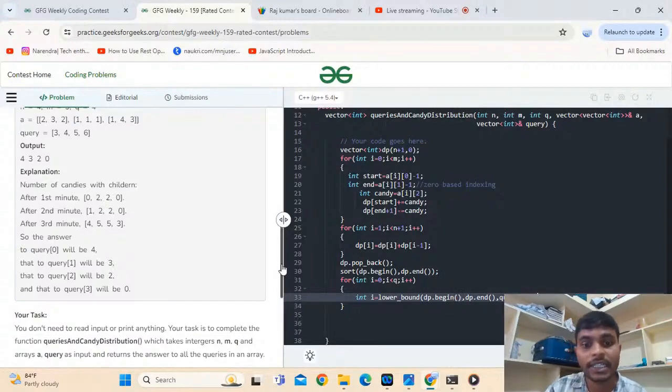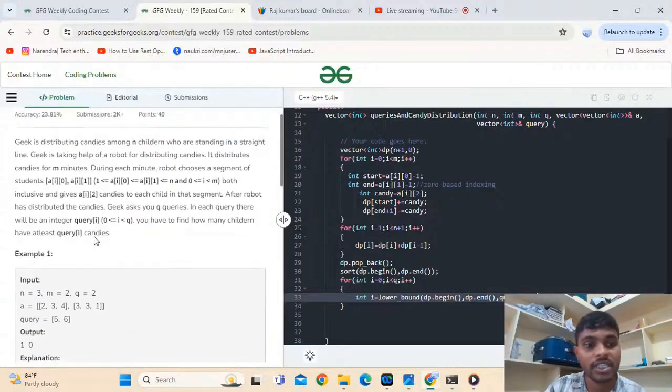Here he mentioned the first number which is at least q of I. So I am taking lower bound. At least means q of I. So we have to find how many numbers are just greater than or equal to this. So I am calculating the first index which is equal to this.